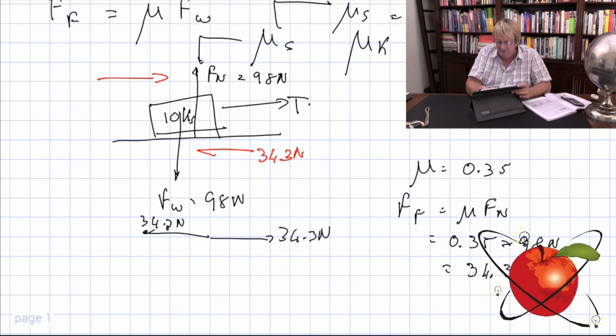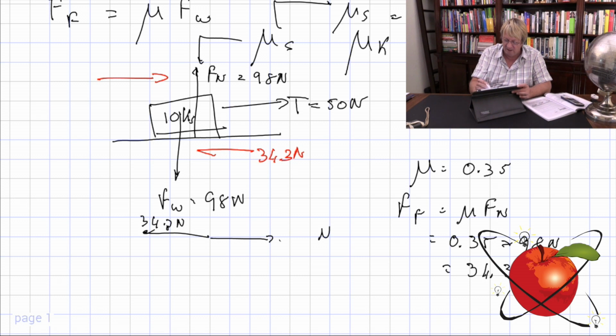If I, however, pull with, let's say, for example, 50 newtons, aha! Now I must up that one to 50 newtons over there. What do we do? We look and see if we've got an F net. Have we? Yes, we have. We've got an F net here because we are pulling that way with more than the other way.